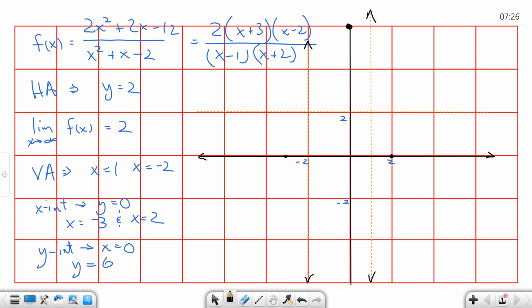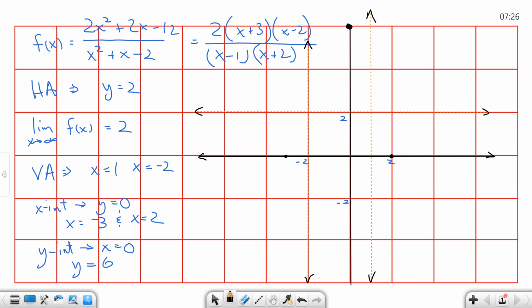We need to figure out the behavior then around each of these asymptotes. So we know that it can cross a horizontal asymptote. It won't cross a vertical asymptote. So it might do some funky things around the horizontal asymptote, but for the most part, it ends as a guide.